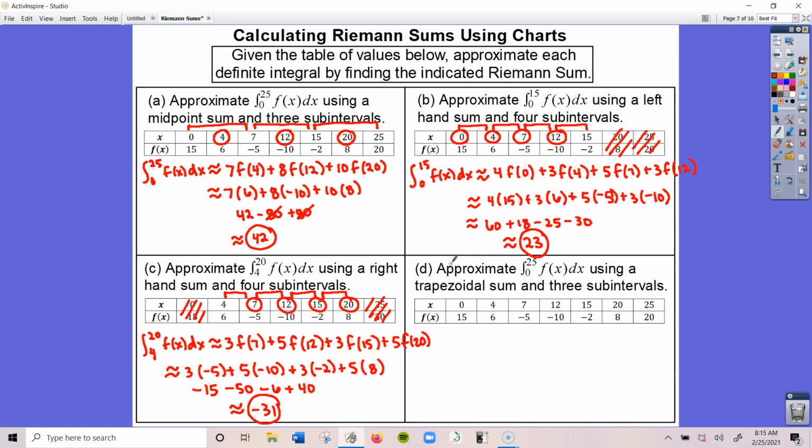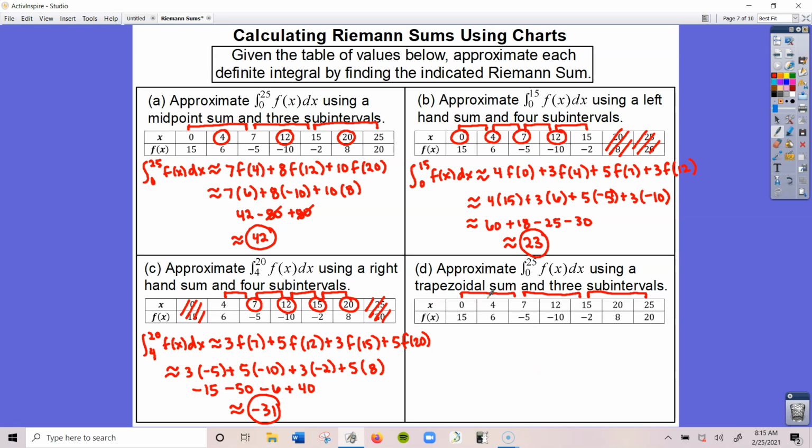Now we're going to use this last one here, approximate the area from 0 to 25 of f of x dx using a trapezoidal sum and 3 subintervals. So we want to divide from 0 to 25 into 3 parts, which we did up here. So we're going to go from 0 to 7, 7 to 15, and 15 to 25.